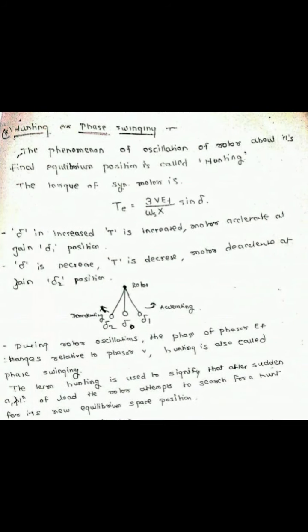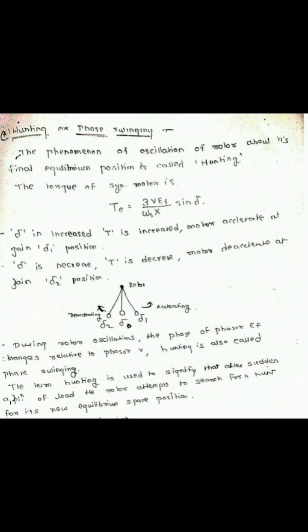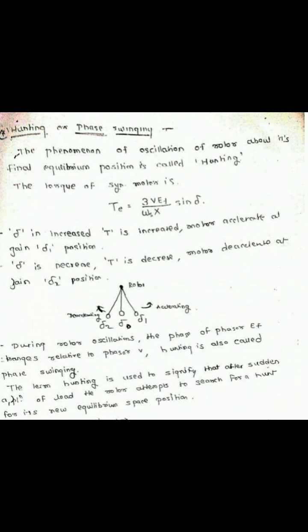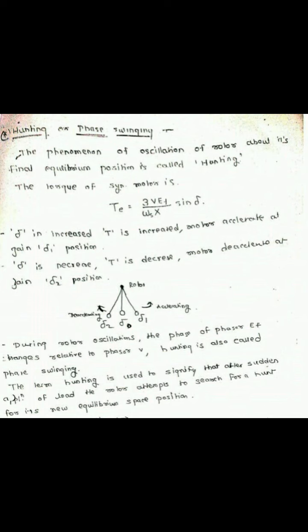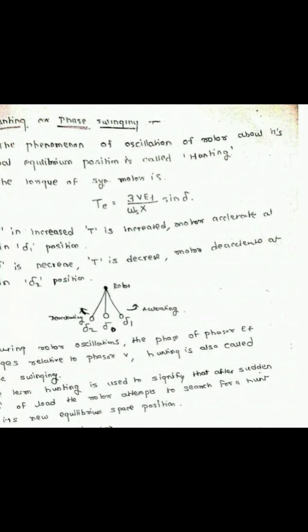As shown in that equation, if delta increases, then T increases, so the motor will accelerate to the delta 1 position. So delta 1 is the first position of the rotor. If delta decreases, then T decreases, and the motor decelerates to the delta 2 position.